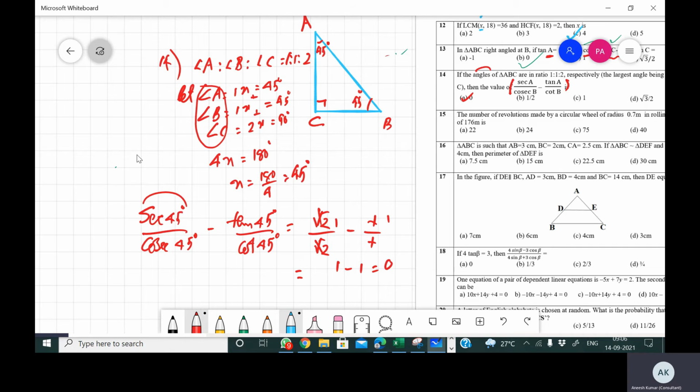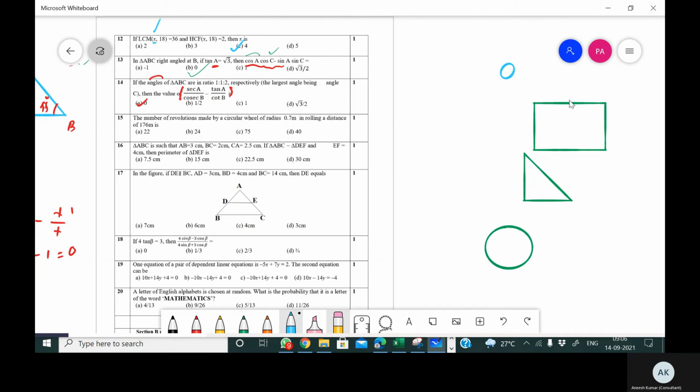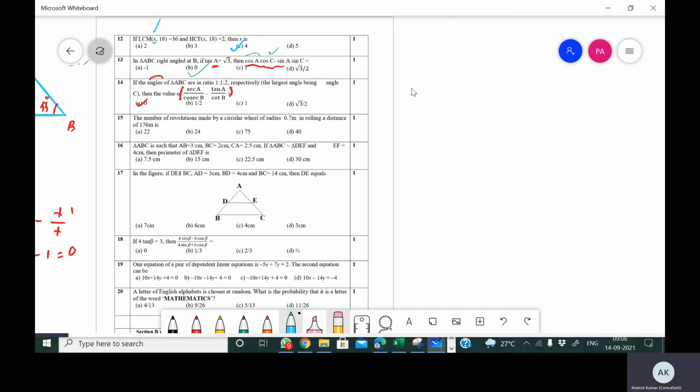Now, 15th question. The number of revolutions made by a circular wheel of radius 0.7 meter in rolling a distance of 176 meter.